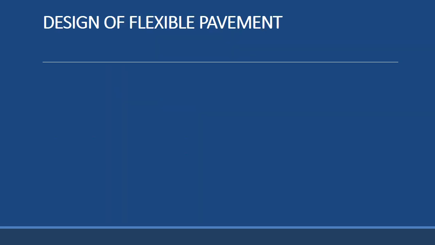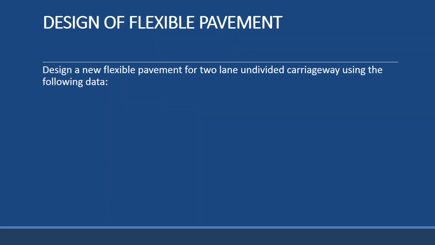Next, let's see a particular problem in which we have to design a pavement. Design a new flexible pavement for a 2-lane undivided carriageway using the following data. Some data is going to be given, and in the question we have to design a new flexible pavement for a 2-lane undivided carriageway.